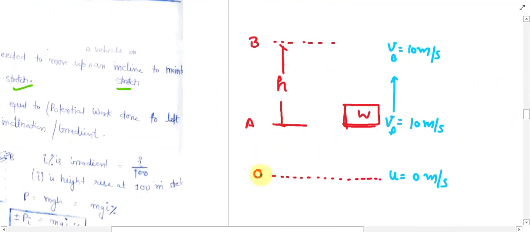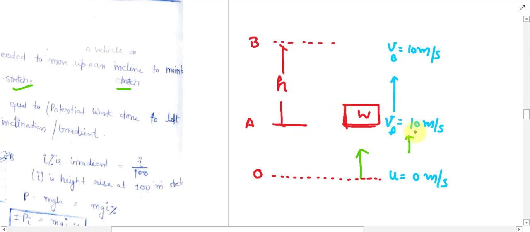Suppose this is your initial position 0, this is your middle position A, and the upper position is B. This is the block which has weight W. This is moving in this direction. The initial velocity of this block is 0 meter per second. Now you provide a force which increases this velocity to 10 meter per second square.